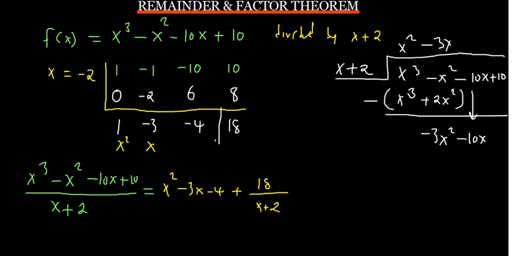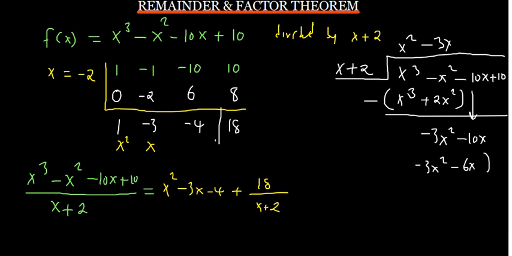So that negative 3x again multiply with this. What are we going to get if we multiply? Minus 6x. Minus 6. Thank you.